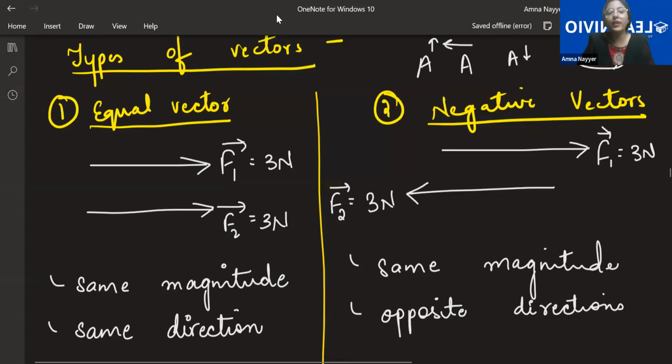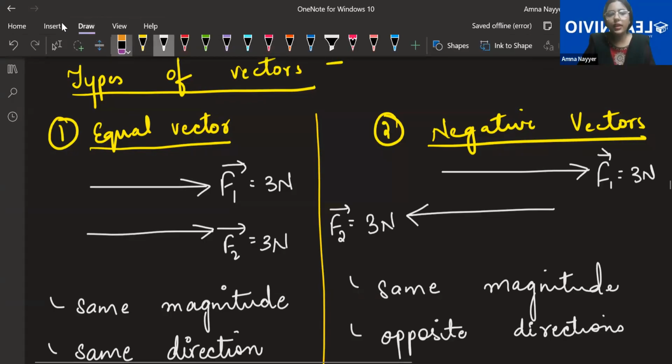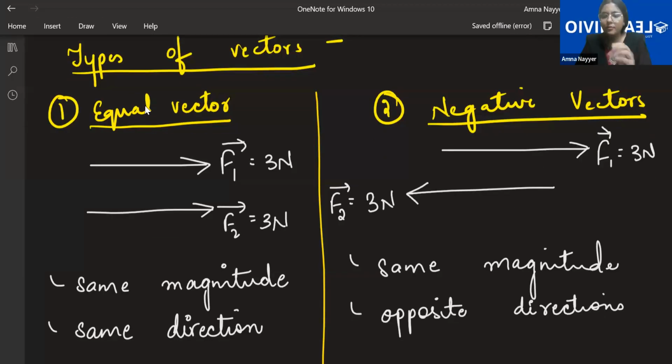Like when you have something, you write the unit. Even if the unit is smaller or bigger, it doesn't affect your answer. If the unit is Newton, you will put Newton only wherever the force is acting. So this is a symbol for it. This is not representing the direction. This is representing the direction.